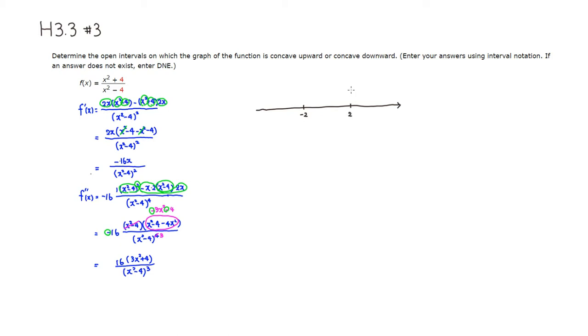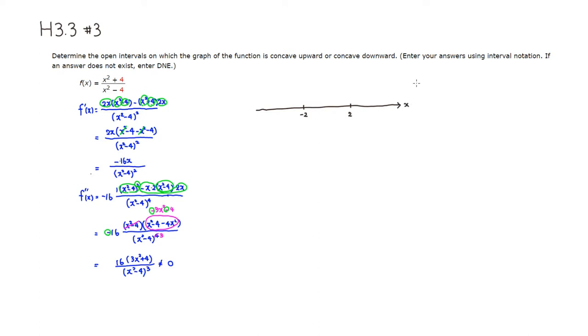If you look at the second derivative and set it equal to 0, you notice that the numerator is never 0, so this is actually never 0. So all we have is negative 2 and 2 for tick marks.